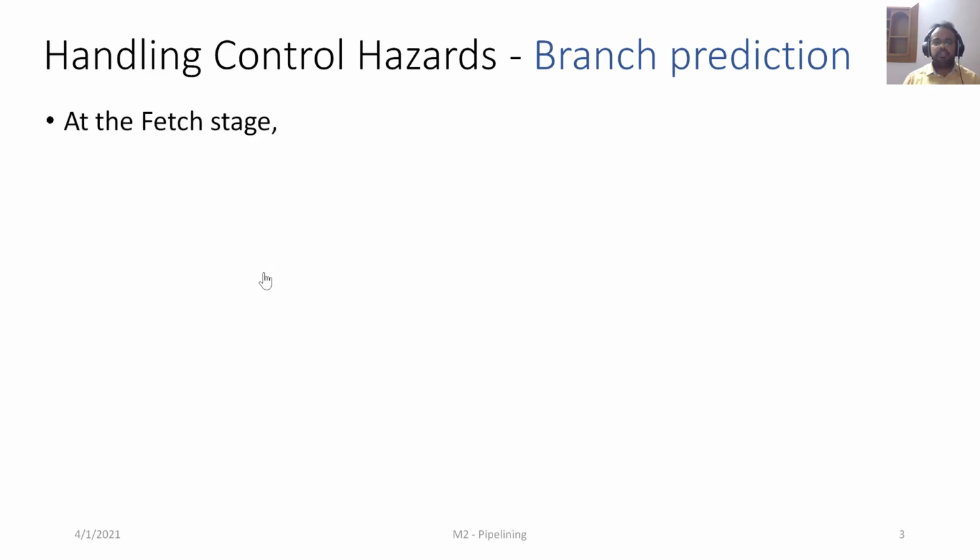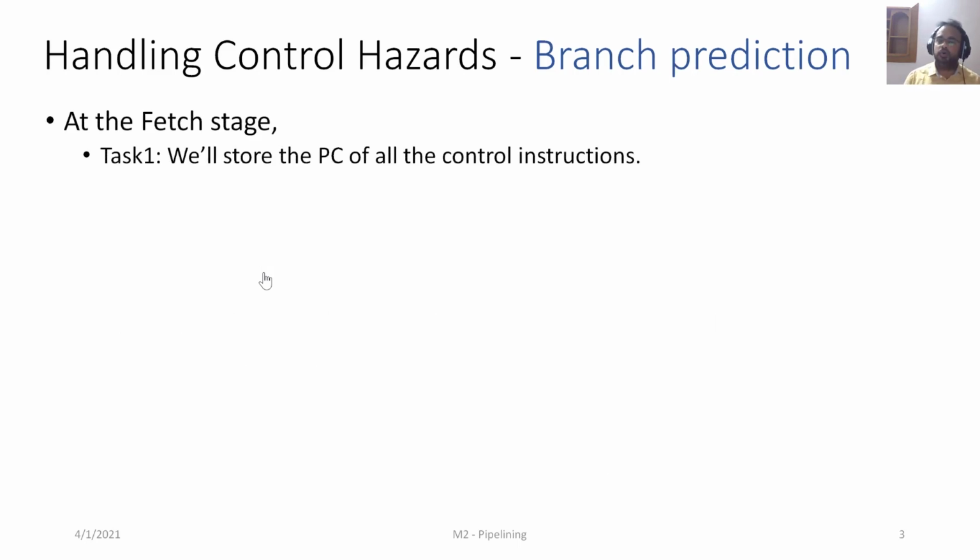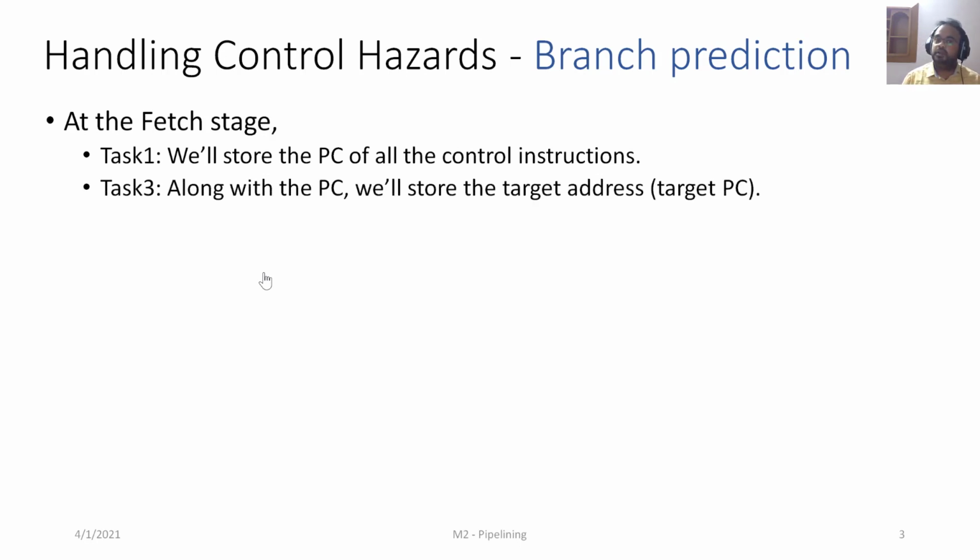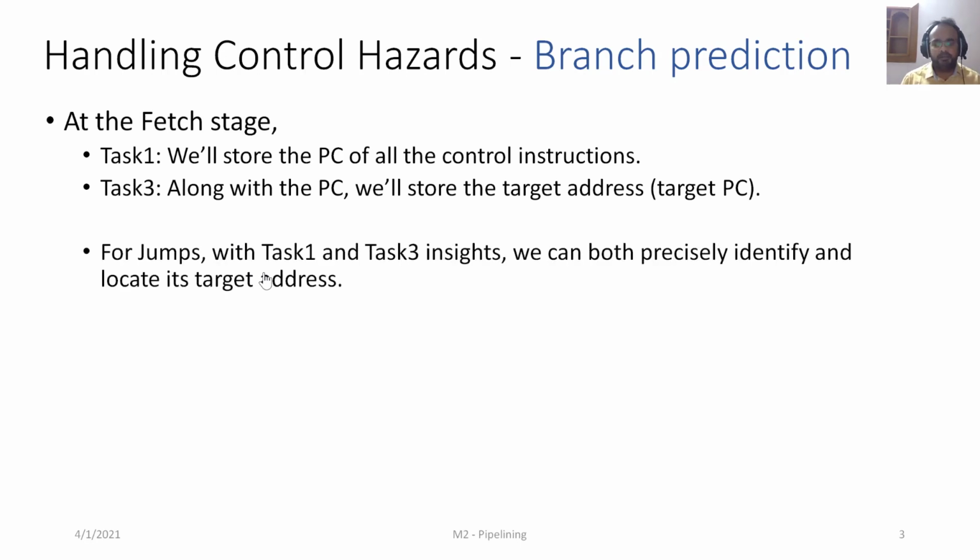So at the fetch stage, effectively, we will store the PC of all the control instructions, and we will also store the target address for each of these control instructions. For jumps, it is more or less a trivial task now, right?